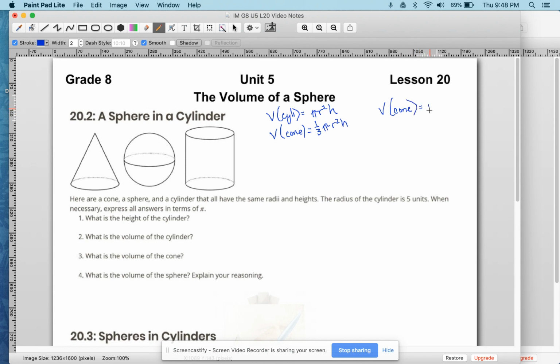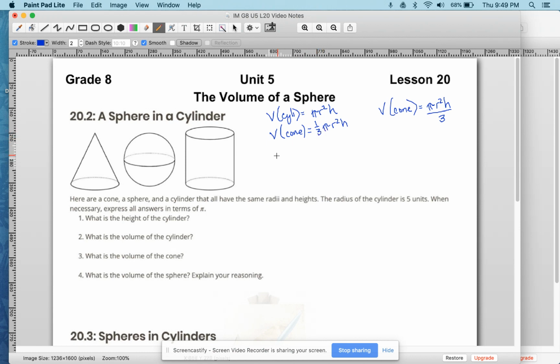It could be looked at as pi times radius squared times height, and then you divide all of that by 3. And that's the same thing as multiplying by 1/3. It's just looking at it a little differently. I just want you to be aware that it's the same thing. So if you ever see something like this, you'll know it's the same formula. It's just written as a division problem versus multiplying by a fraction.